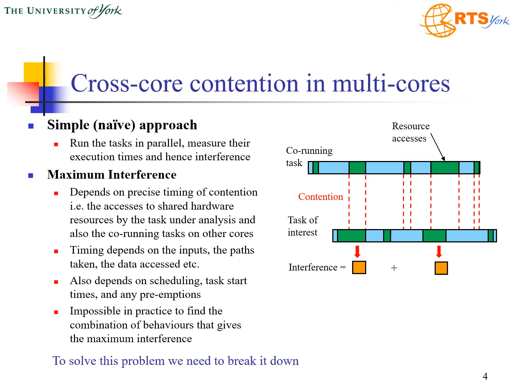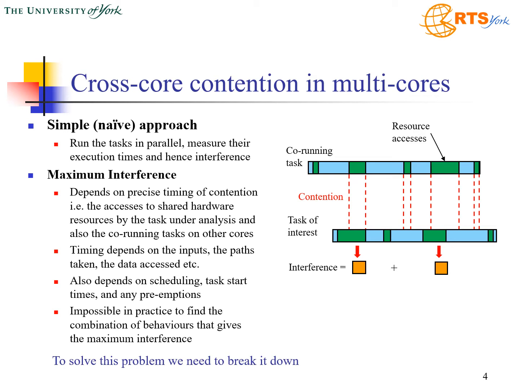So let's take a look at cross-core contention in multi-cores. A simple, naive approach would be to run the tasks in parallel, measure their execution times, and hence determine the amount of interference. Unfortunately, the maximum interference depends on the precise timing at which contention takes place.